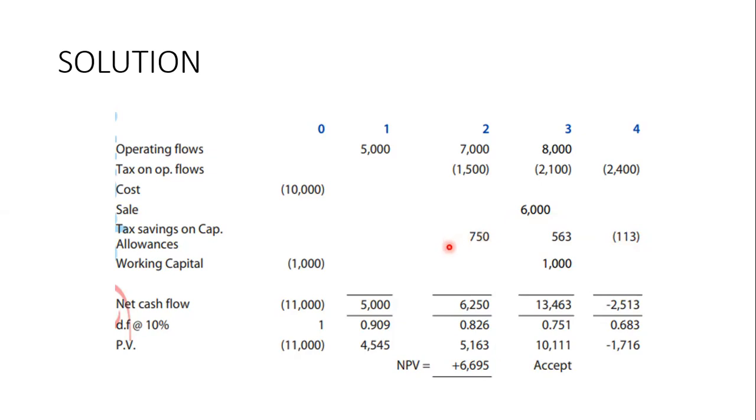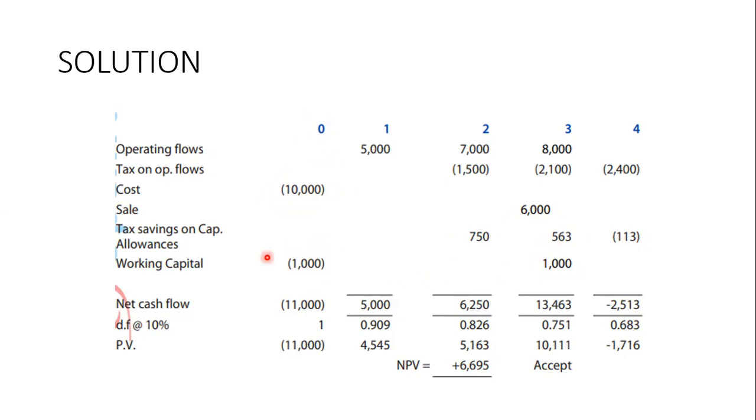And then the other factors are the cost of the investment, which comes in year 0, and then the working capital requirement of 1,000 Ghana cedis. Notice that here we're not supposed to have changes in working capital until the end of the period.